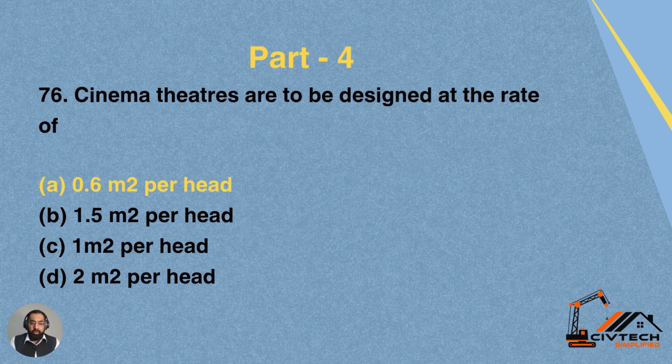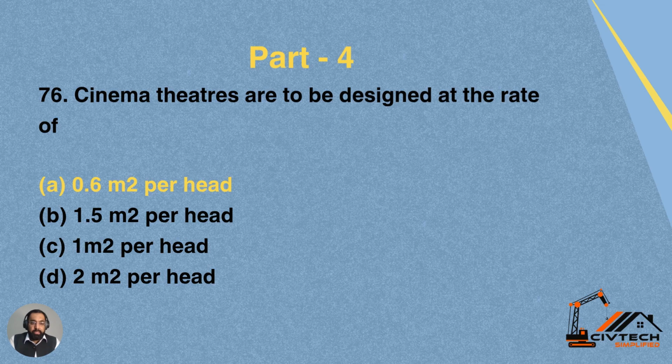This is part 4 of our ongoing video series, starting from question number 76. Up till part 3, we have already discussed 75 questions. Question 76: cinema theaters are to be designed at the rate of, so how much space do we normally provide per person, or the capacity of the cinema hall.